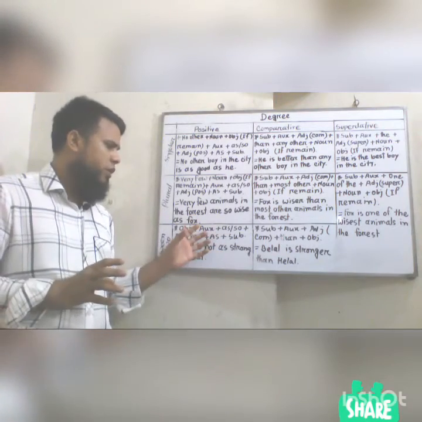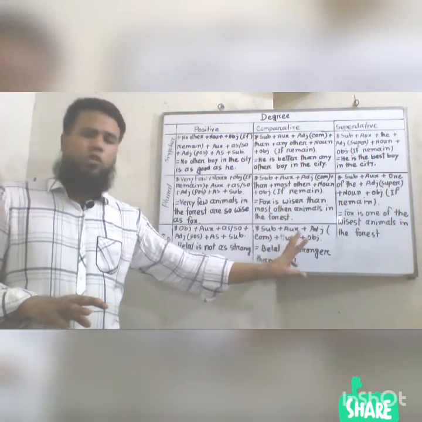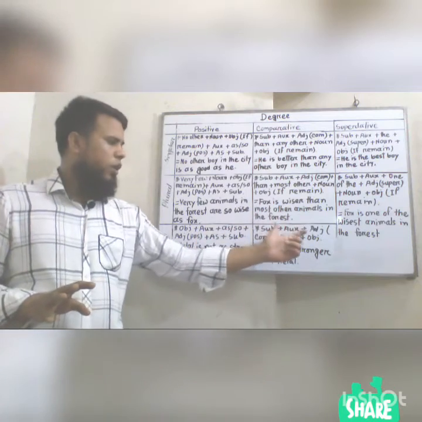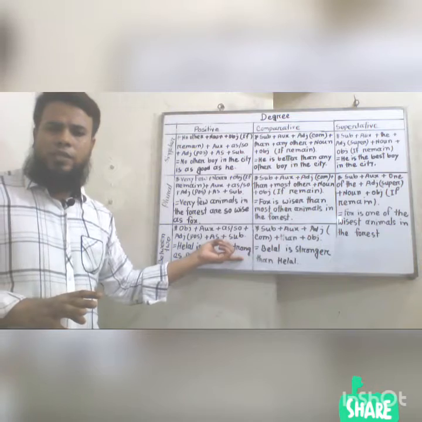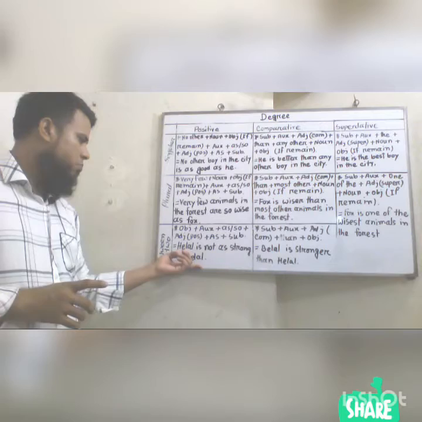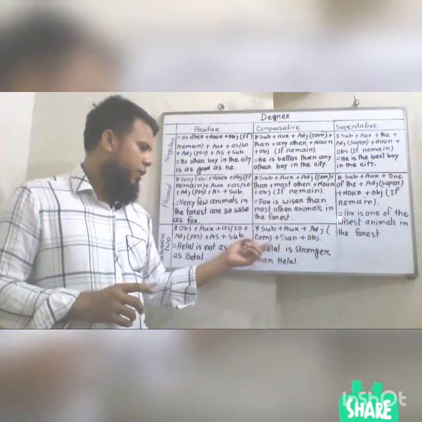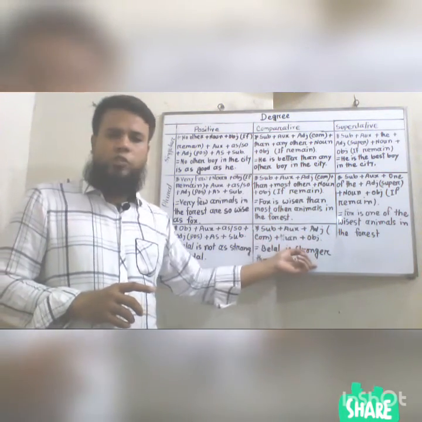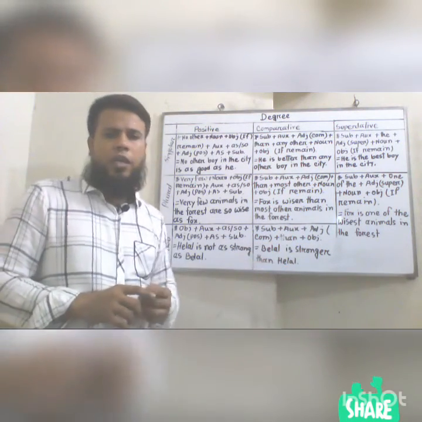If we want to use it here, then we will forget comparative. If we don't want to use it here, then we will remove comparative. Not as strong as, adjective positive form, and then as, finally object. Subject Belal, and then auxiliary is, and adjective comparative form is stronger, and then according to the rule than, and finally object Belal.